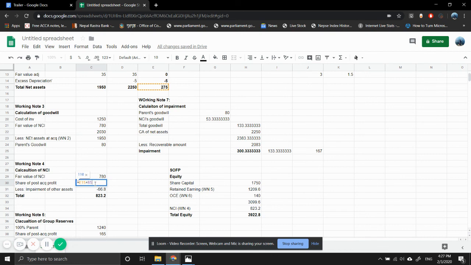So for NCI, what we need to do is bracket plus 25, since we eliminated that, but for NCI it's not yet eliminated, okay?